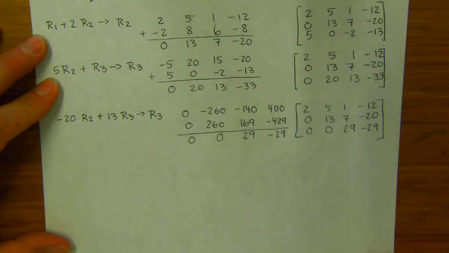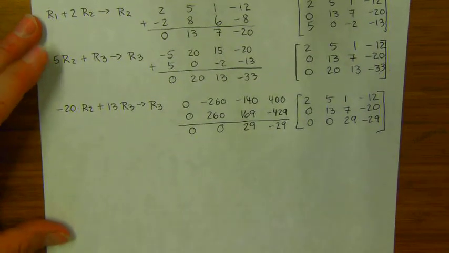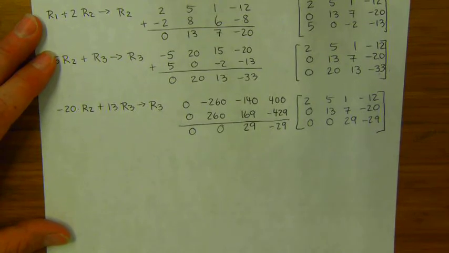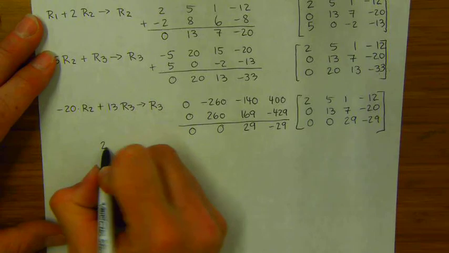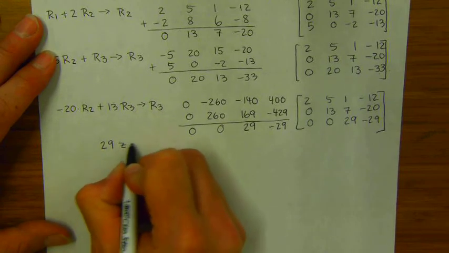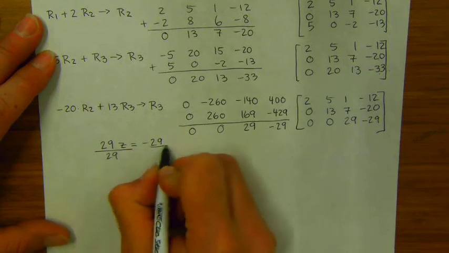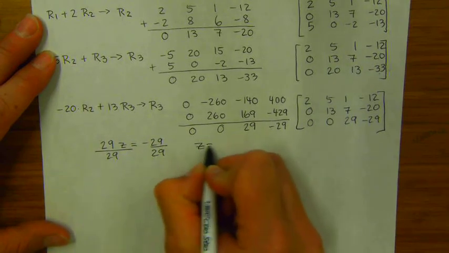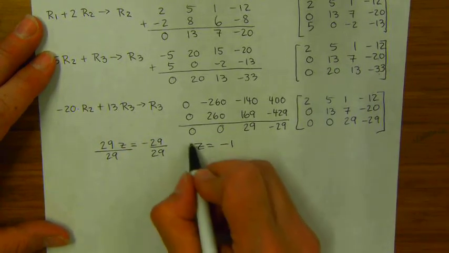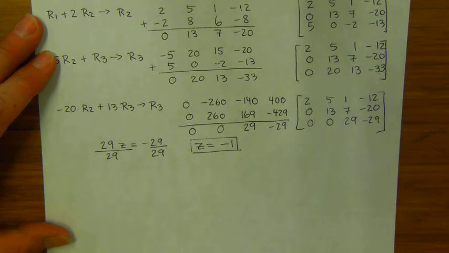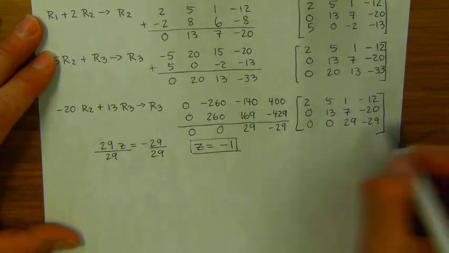So I now have my triangular shape, which I can now back substitute in order to solve it. This one stands for my z, so 29z is equal to negative 29. Well, when I divide by 29, that means my z is equal to negative 1. That's my first part of the solution. This is what I plug back into row 2.